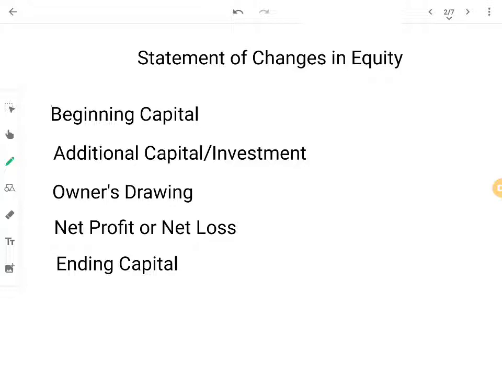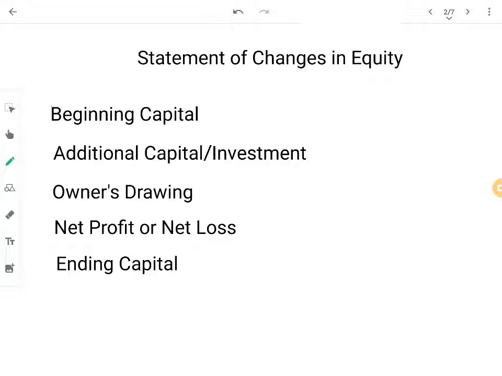So the statement starts with beginning capital, then add additional capital or investment, then the owner's drawing should be subtracted, and then add net profit or deduct net loss in order to arrive at the ending capital balance.